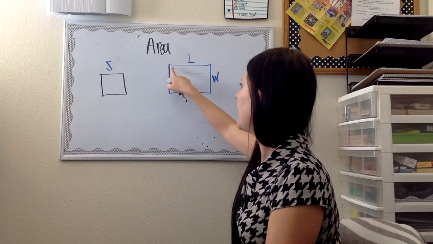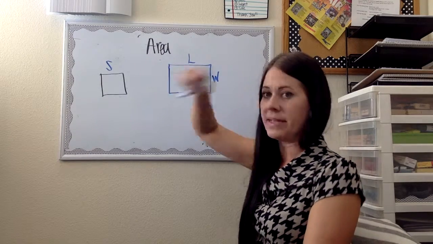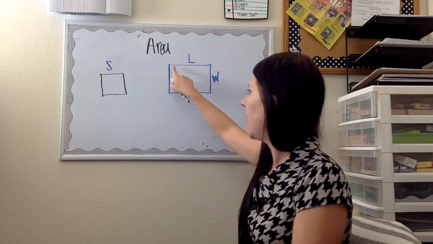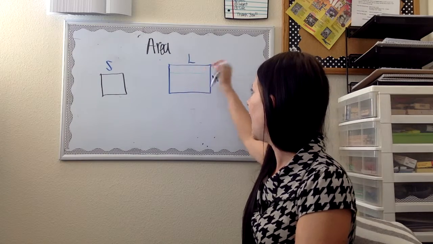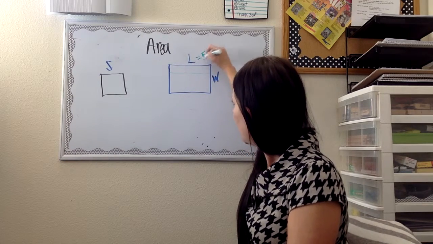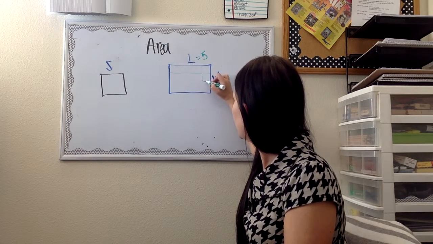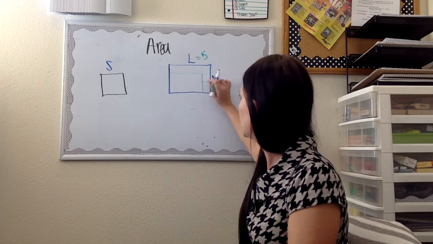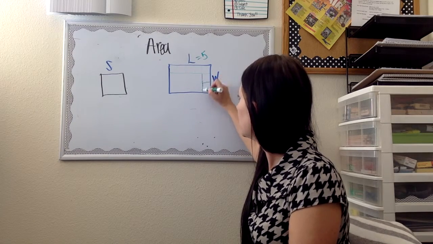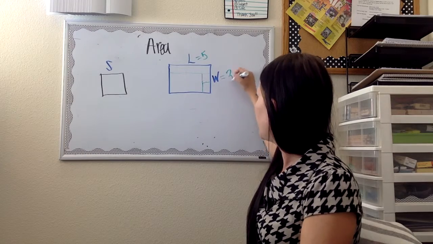these are even. Let's pretend that the length of your, whatever it is, bathroom or kitchen, can fit 1, 2, 3, 4, 5 tiles. And let's pretend that the width can only fit, let's just make it 3. Pretend those are even. Okay, so the width can only fit 3.